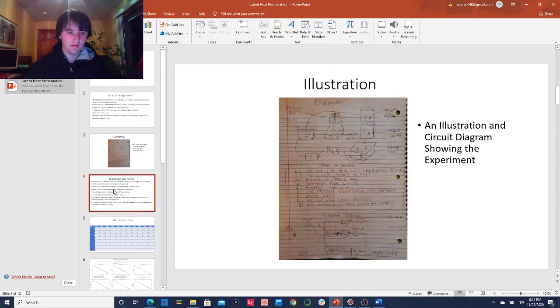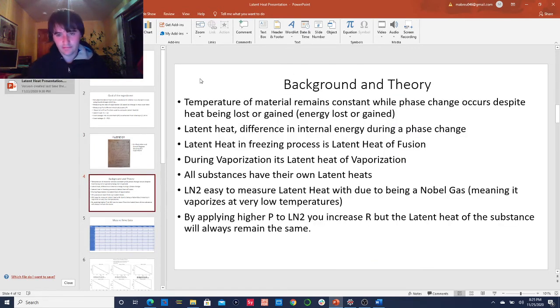Now for a little bit of background and the theory that goes along with this. What this is based off of is the temperature of a material remaining constant while in phase change. So basically, with how latent heat works, the temperature itself will remain constant while it is undergoing a phase change.